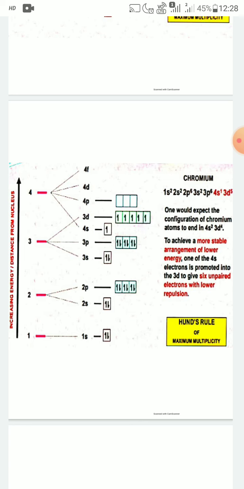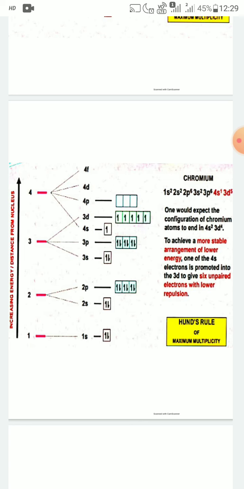This is because, according to this configuration, the 3d subshell is half filled. And according to Hund's rule, a half filled electronic configuration is of lower energy, that is, of higher stability.